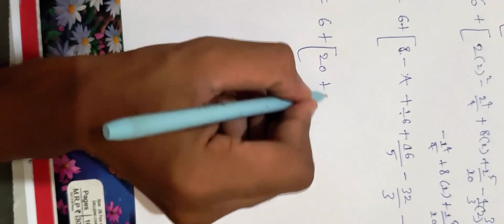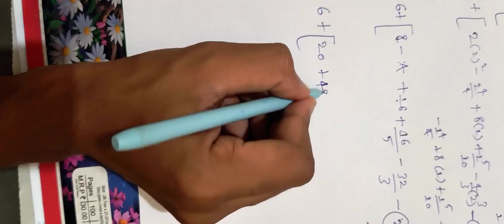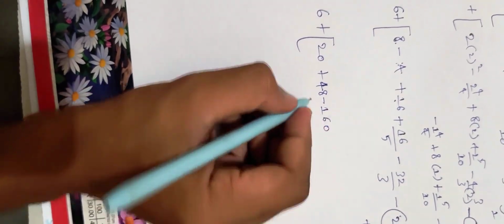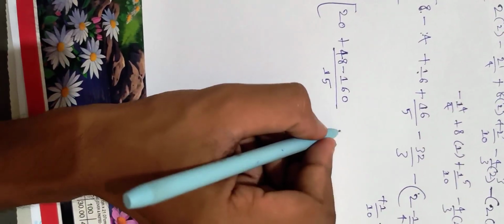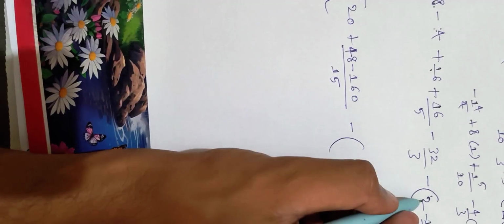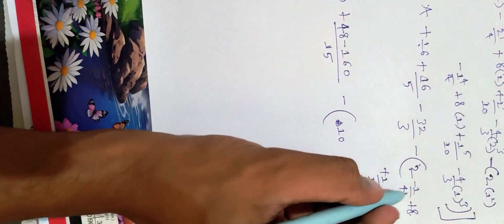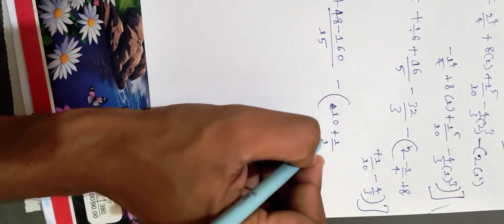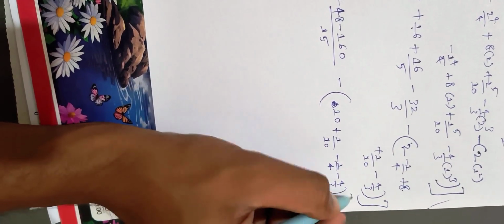So 20 plus 16 by 5 minus 32 by 3, take the LCM here: 16 threes are 48, 32 fives are 160, divided by 15. Minus here 8 plus 2, 10. So add and subtract the fractions: this is 1 by 10 minus 1 by 4 minus 4 by 3.